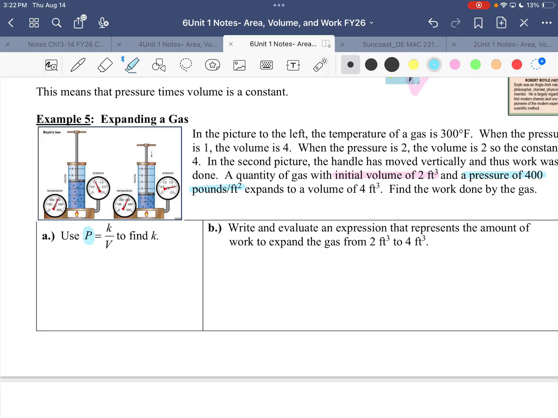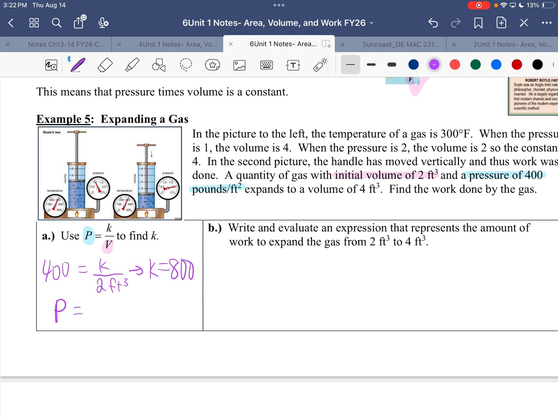We have the pressure and the volume. 400 pounds per square foot of pressure equals K over 2 cubic feet. What's K equal? 800.